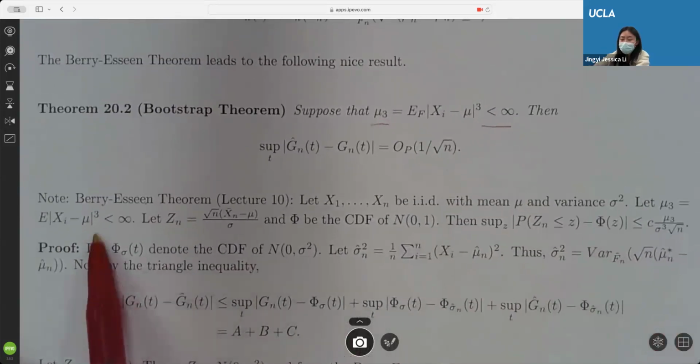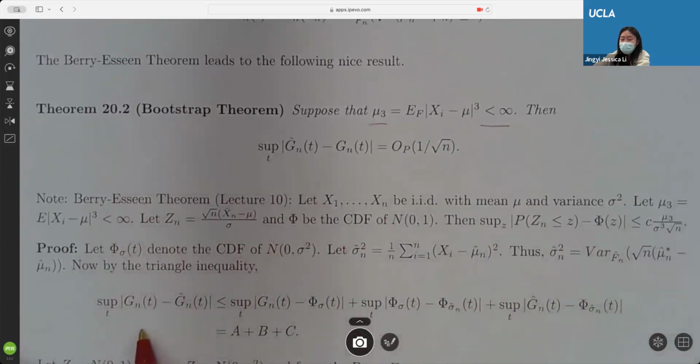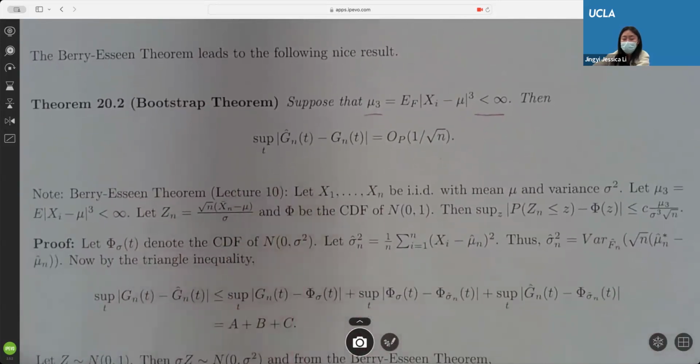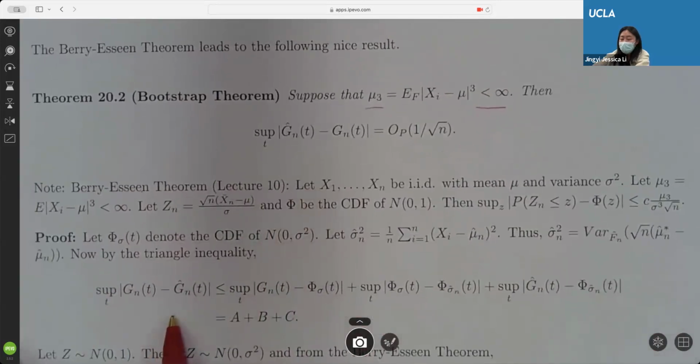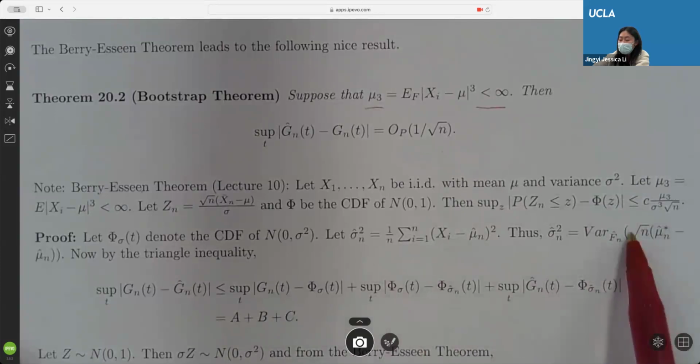Okay, now to prove this Bootstrap theorem, we need to decompose the left-hand side, the sup difference, in the following way. First of all, let Φ_σ denote the CDF of the normal distribution with standard deviation σ. Let σ̂_n squared be the sample variance, with dividing by n. Then σ̂_n squared is actually the variance of this error.